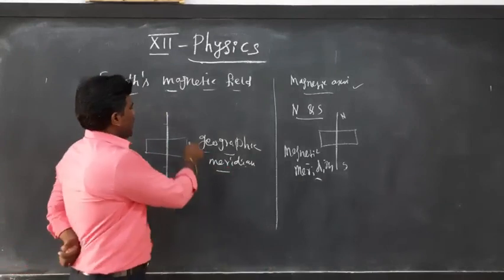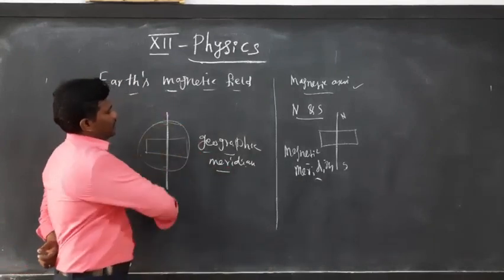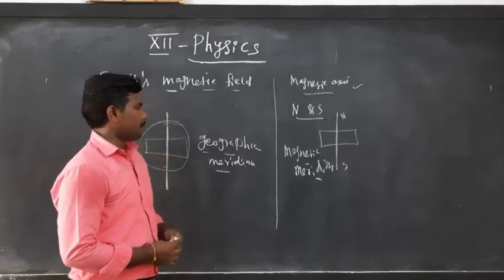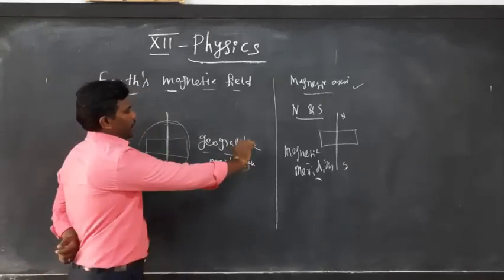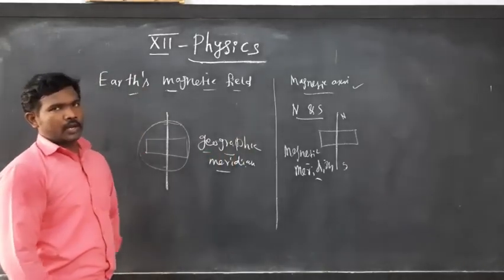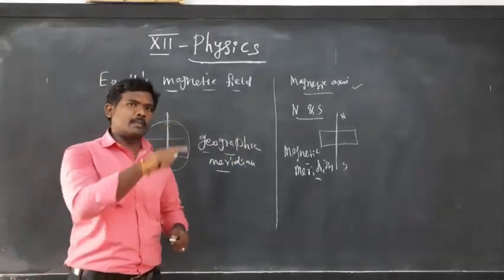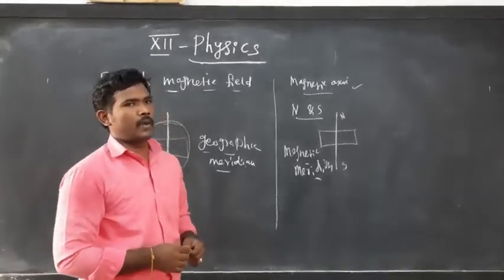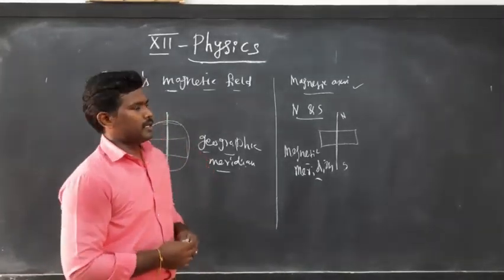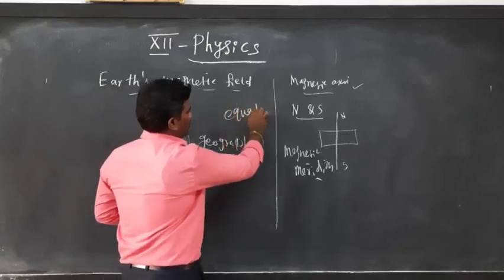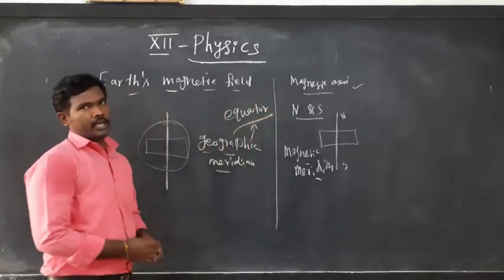If you draw an enlarged circle perpendicular to the geographic axis, it is called the geographic equator.